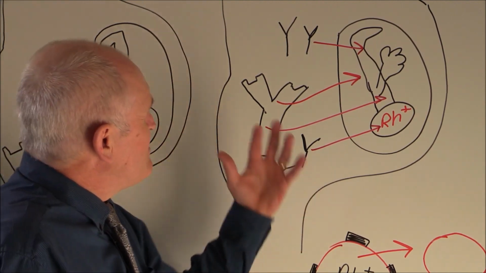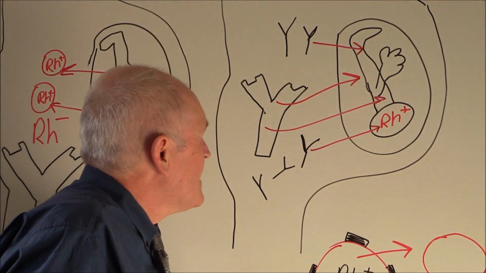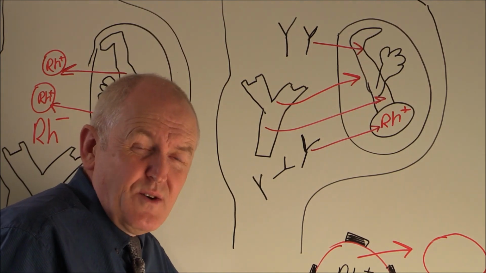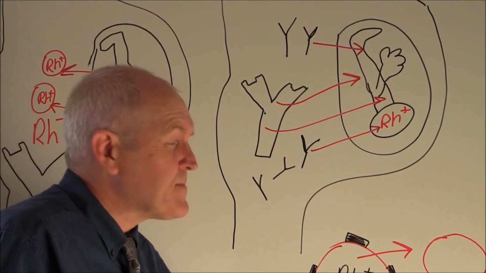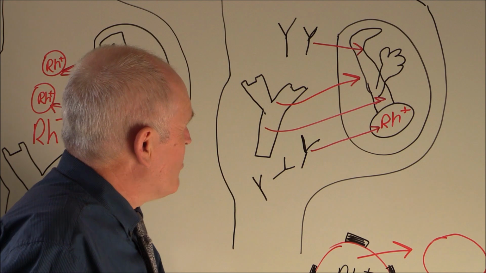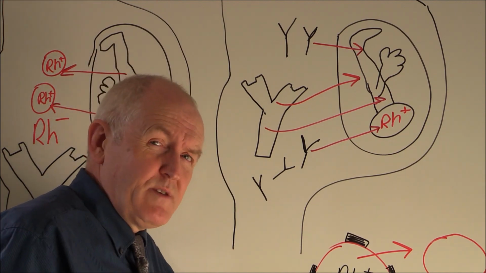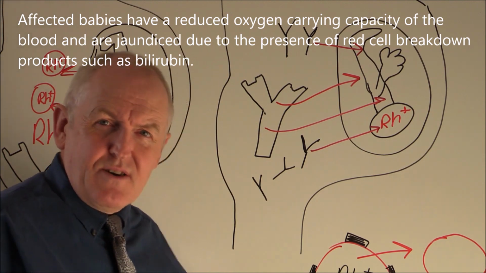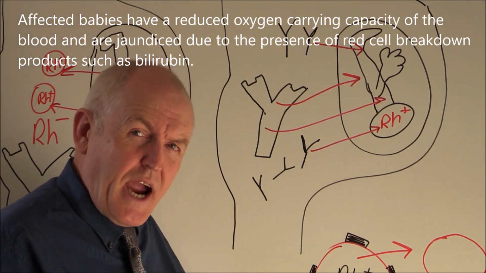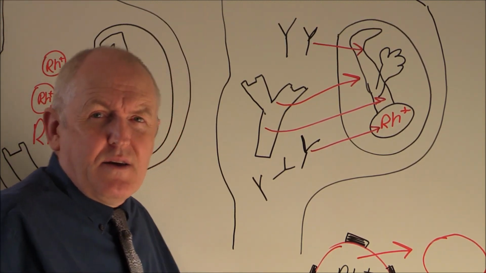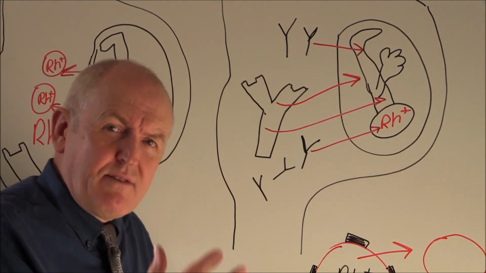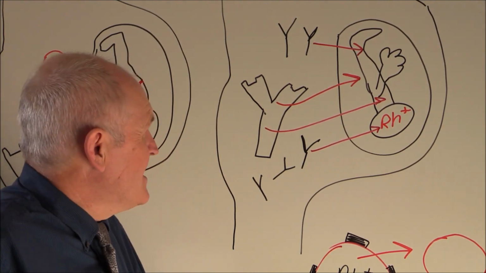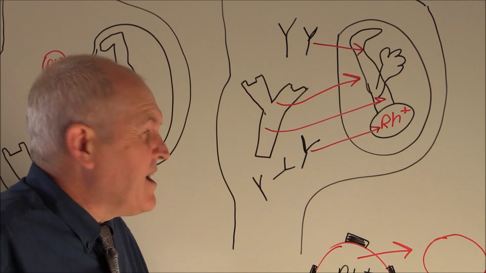Well, the baby's going to develop hemolysis, and that's going to make the baby or the fetus anemic. So that's going to reduce the oxygen delivery to all parts of the baby's body. As well as that, because there is a reduced oxygen carrying capacity of the blood, the fetal heart will try and compensate for that. And that can lead to fetal cardiac failure.